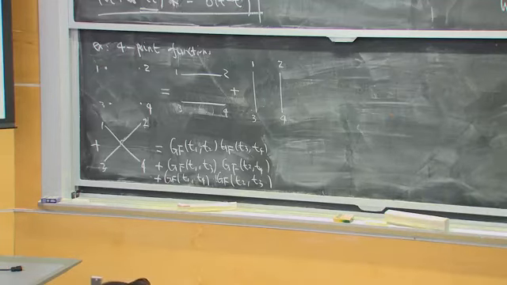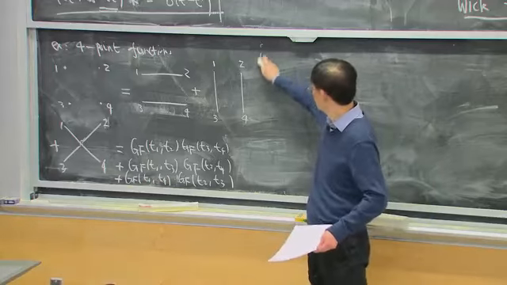So you just sum over all such pairings, and each pairing gives you a GF.